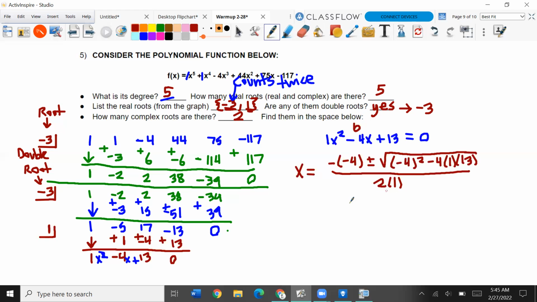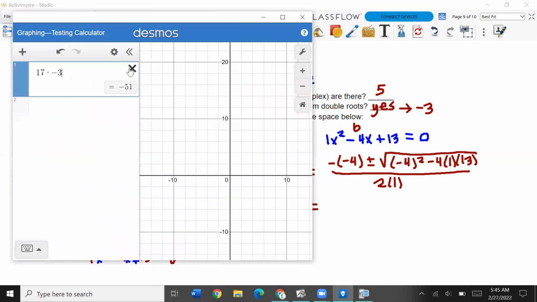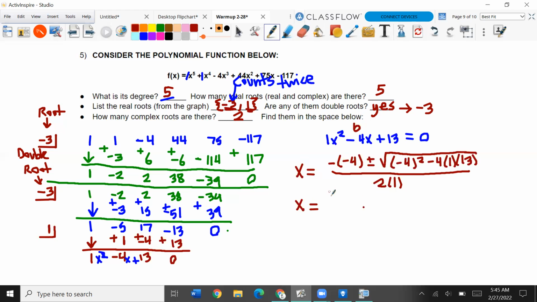So 2 times 1. And let's work that out. So I want to get the stuff under the square root sign first. That's usually the hardest thing to deal with. And I'm getting -36. So that's going to be +4 plus or minus square root of -36 all over 2.